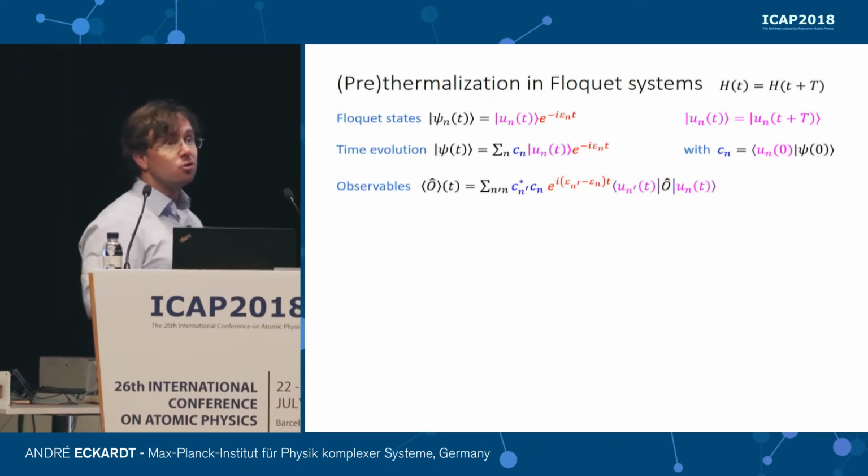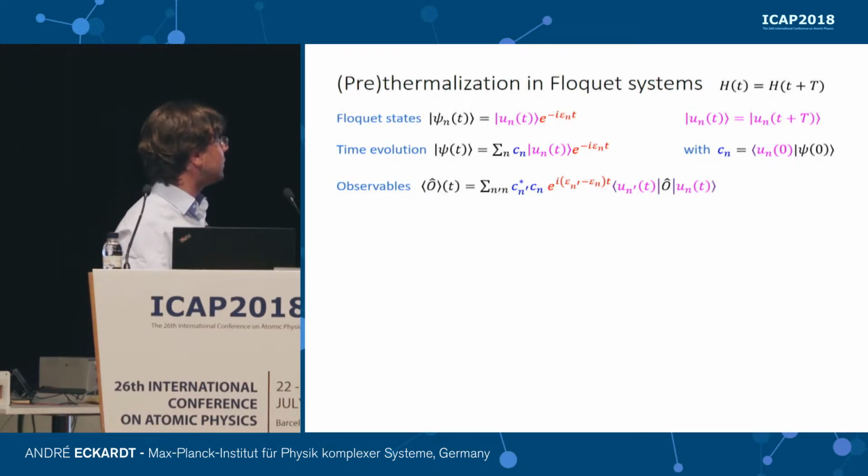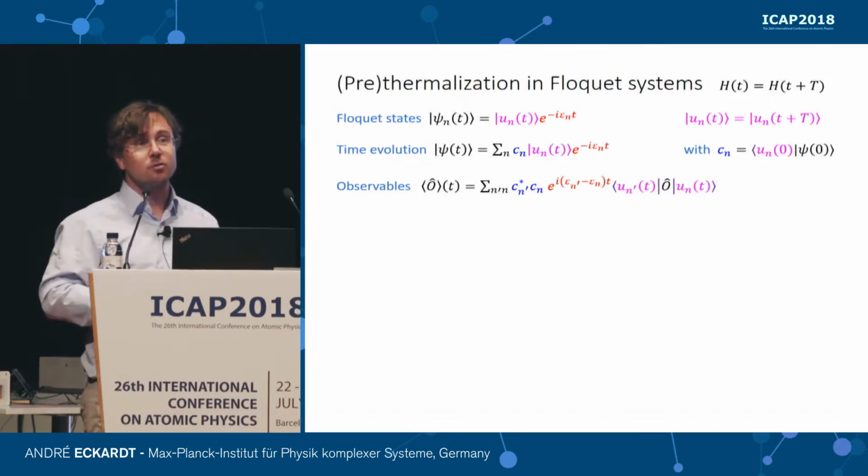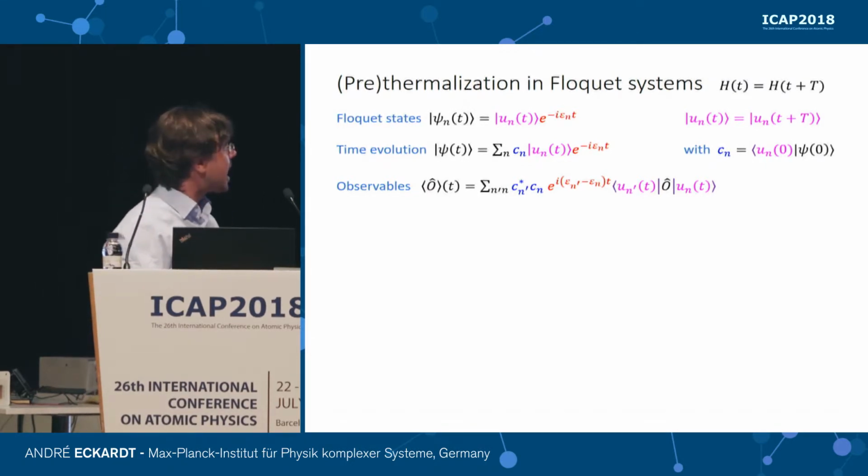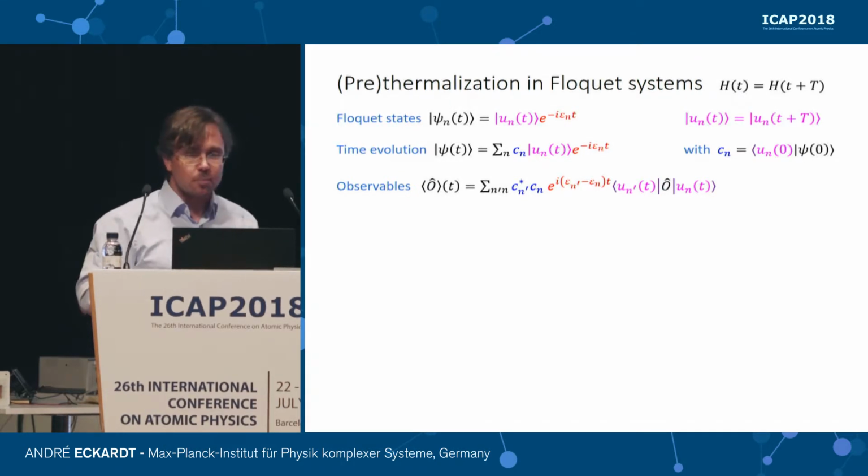If you look at the evolution of the observables, you have two contributions. One is the dephasing of the quasi-energies, which is very similar to the physics of a non-driven system. And you also have a time periodic part, which is called micromotion, due to these Floquet modes.